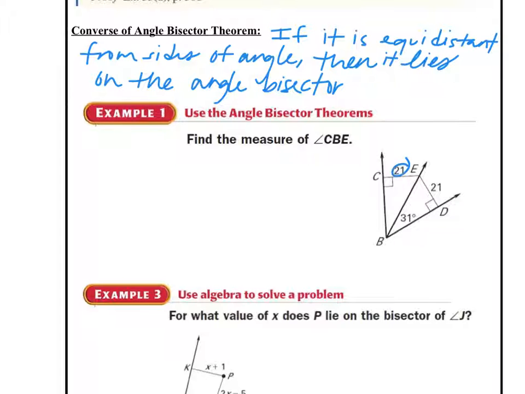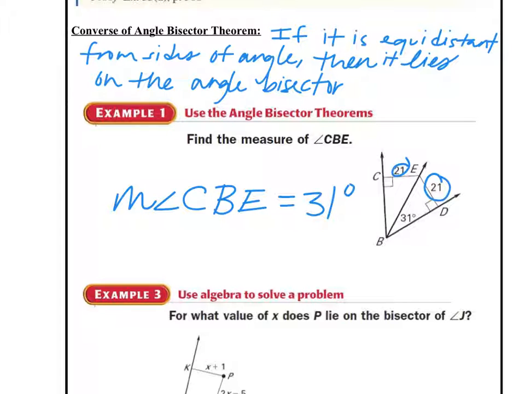Ah, because this is equidistant. It's equidistant, and so E is on an angle bisector then, so yes, this is an angle bisector, so yeah, that is 31. So you have to get some kind of information out of it first before you just go ahead and assume that it is. So measure of angle CBE does equal 31. Because you have that they're equidistant, so E is on the bisector, or is on a bisector.